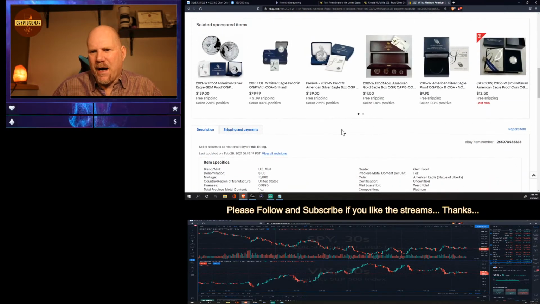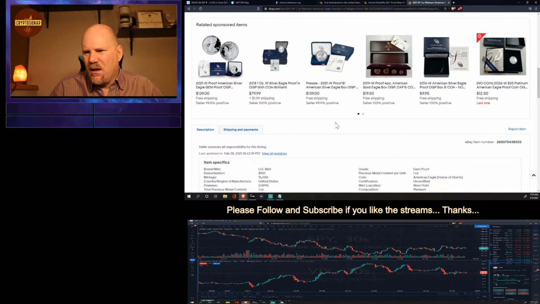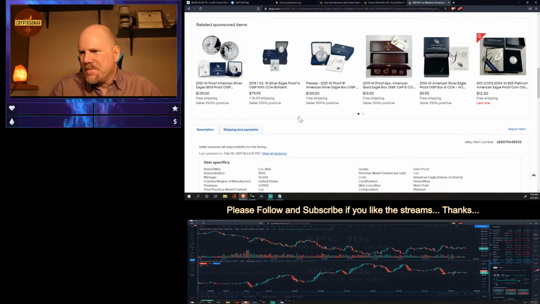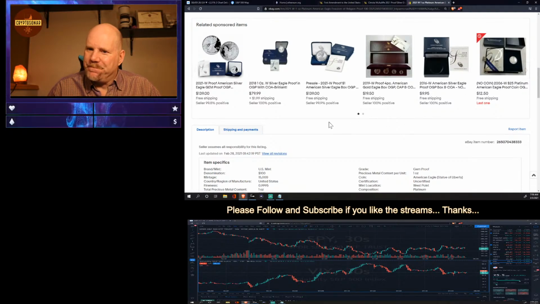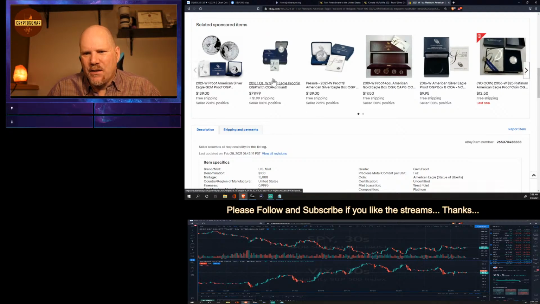You know, here's sponsored items. Careful on eBay. Here's somebody selling the box, but without the coin. Crazy. Silver Eagle proof 79, 2018.